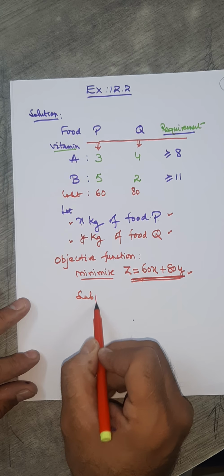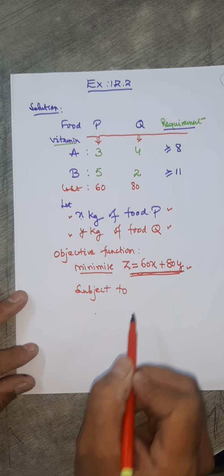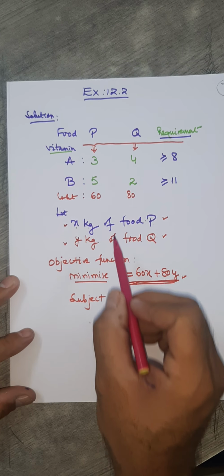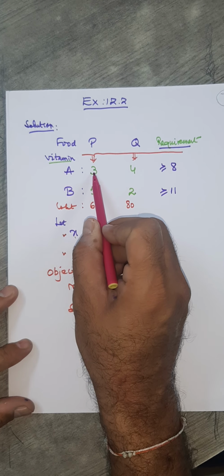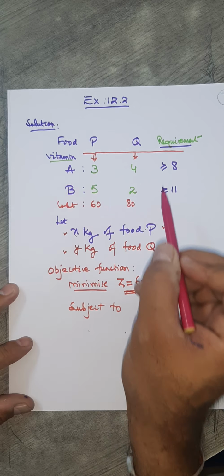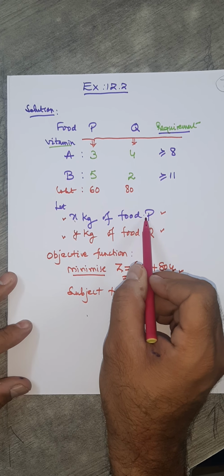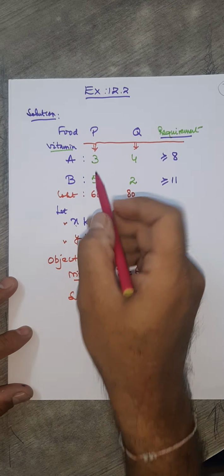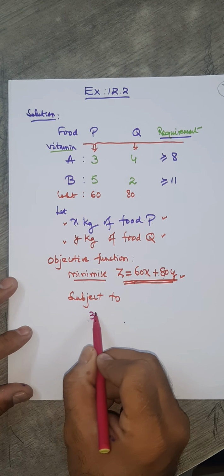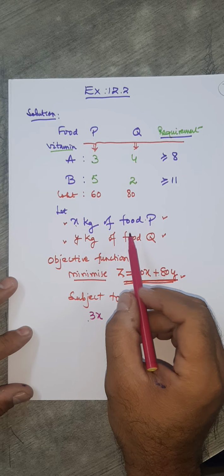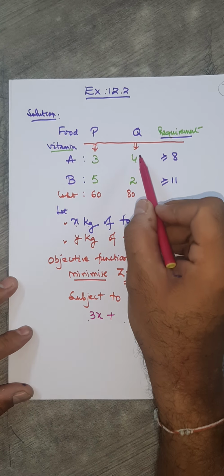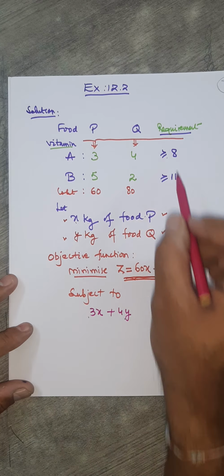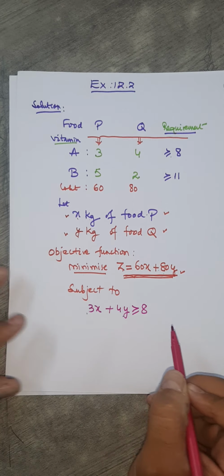Subject to which constraints? Total vitamin should be... Now x units of food P is used, so 3 into x plus y units of Q is used, so 4y must be greater than or equal to 8.